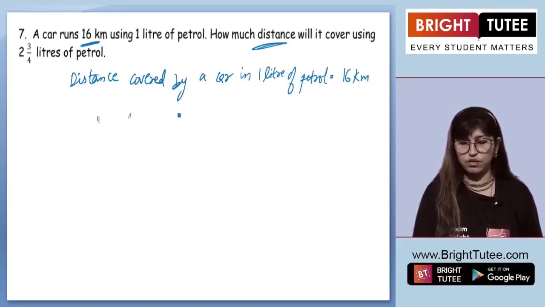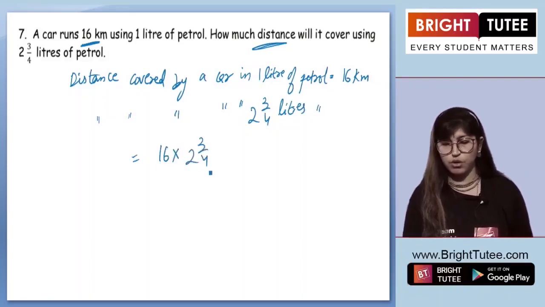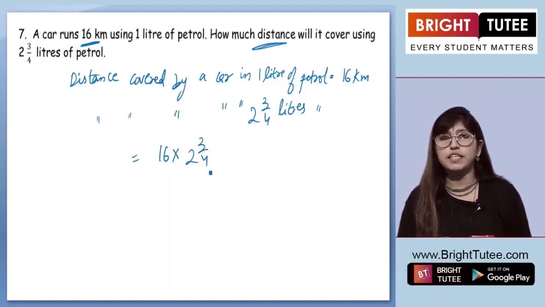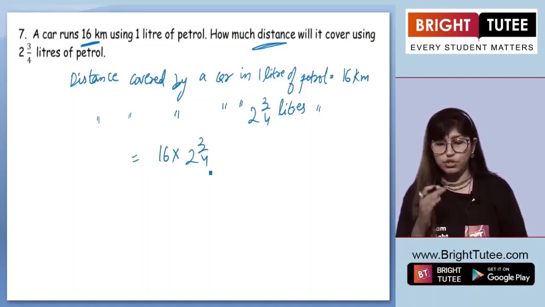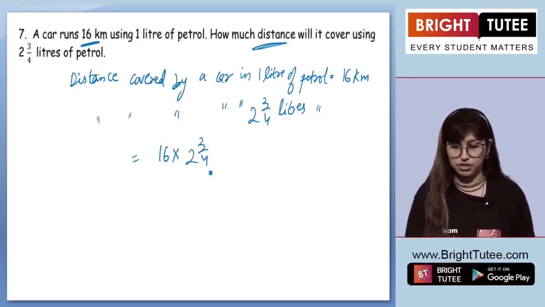So the distance covered by a car in 2 3/4 liters will be 16 times 2 3/4, because in 1 liter of petrol, if he is covering the distance of 16 km, then in 2 3/4 liters he will be covering the distance of 2 3/4 times 16 km. So we will be solving it out.